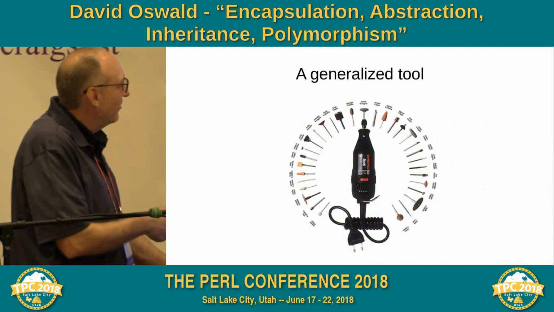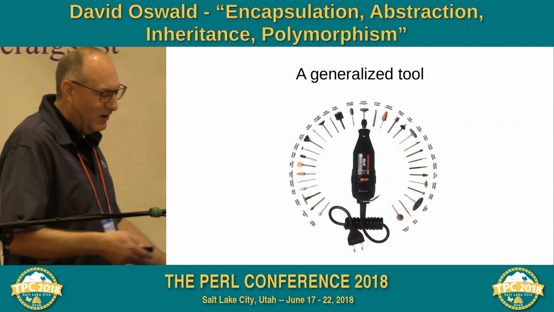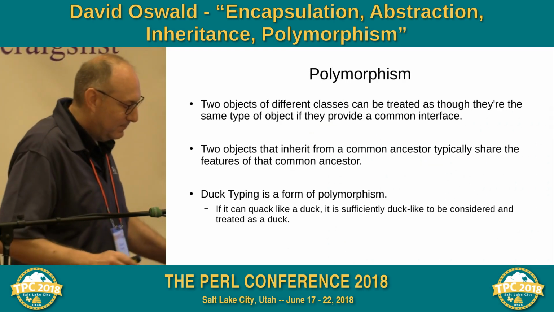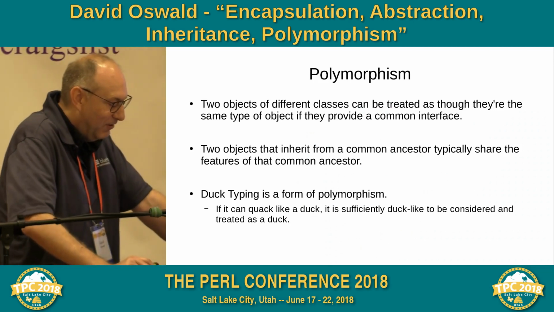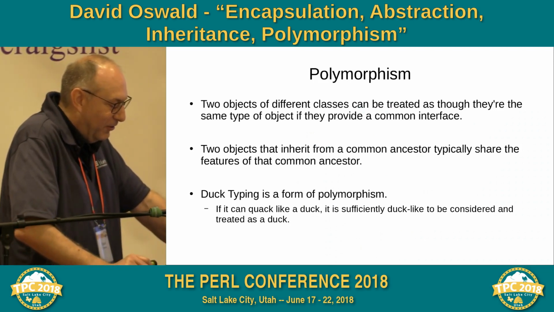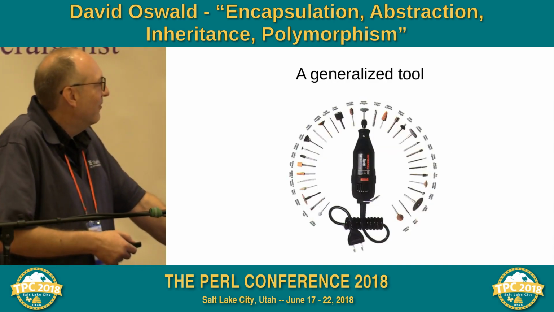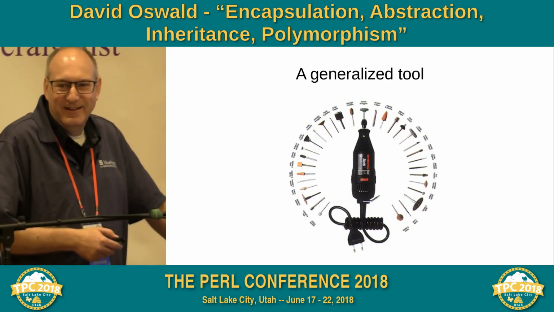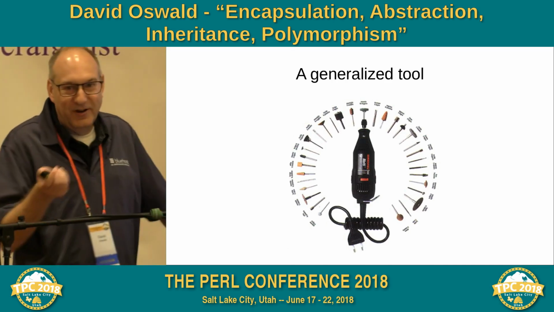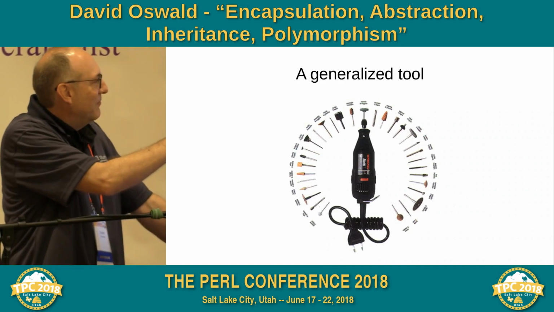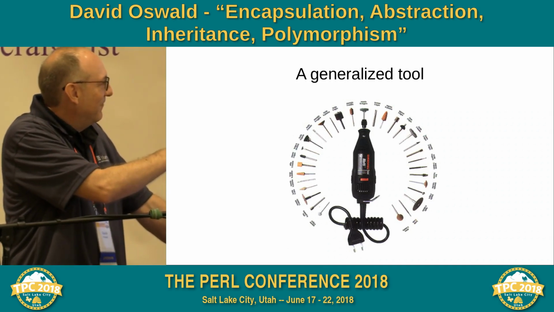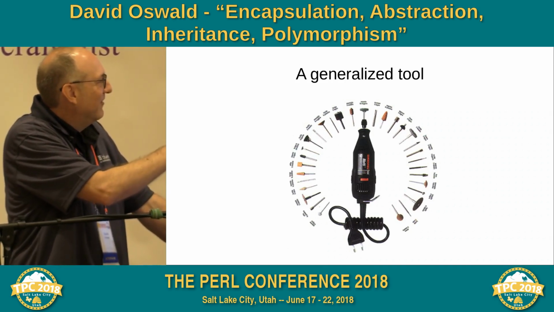But it accepts a whole bunch of bits, and so here's where we get to talk about polymorphism. In polymorphism, two objects of different classes can be treated as though they're the same type of object if they provide a common interface. And so, in this little picture here, what is my polymorphic thing? The bits are the polymorphic thing, because all of them have the same user interface, right?